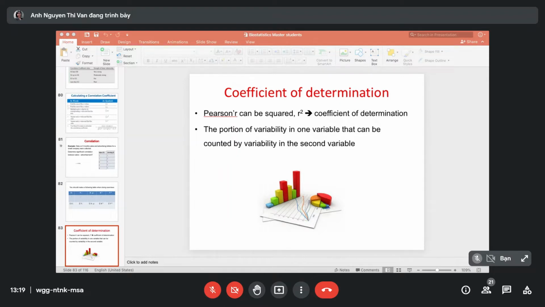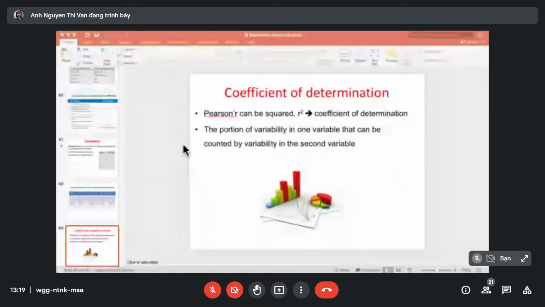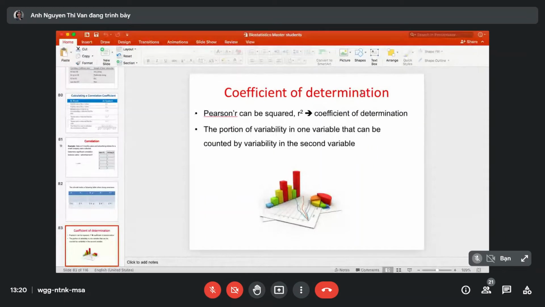You understand that? I don't understand a little bit. Okay, so the coefficient of determination tells us the portion of variability in one variable that can be counted by the variability in the second variable.